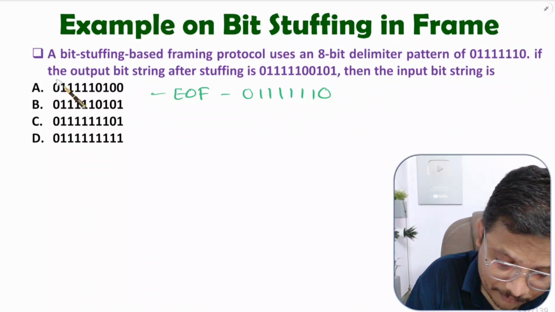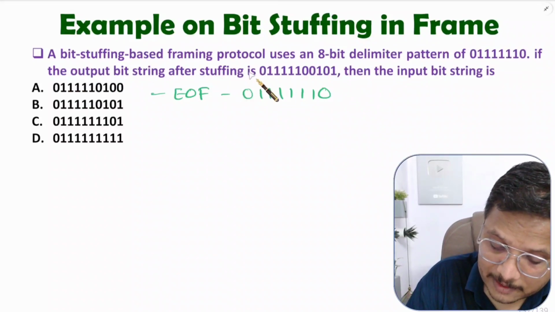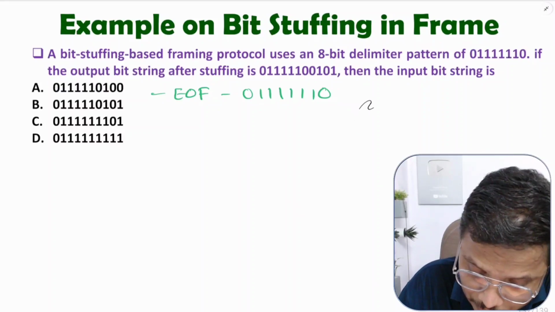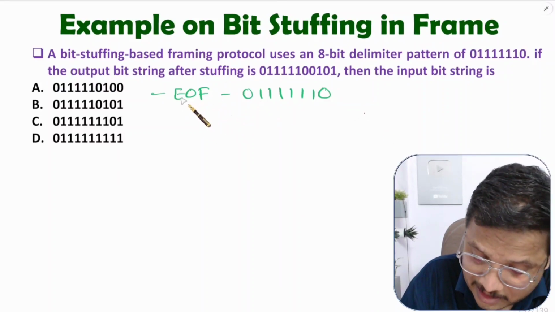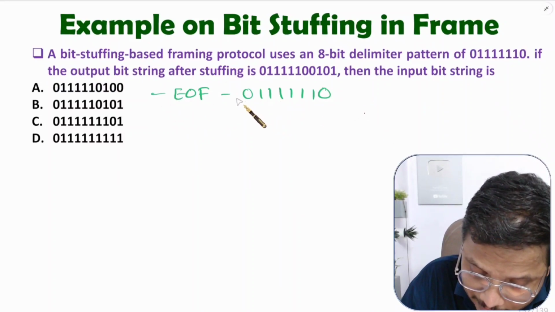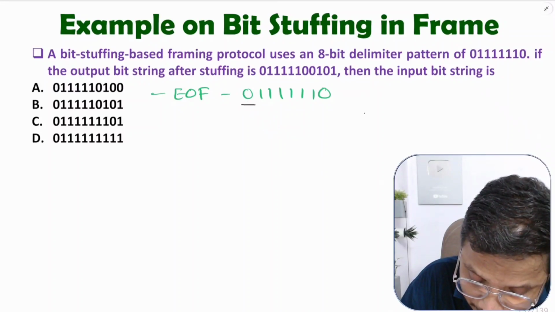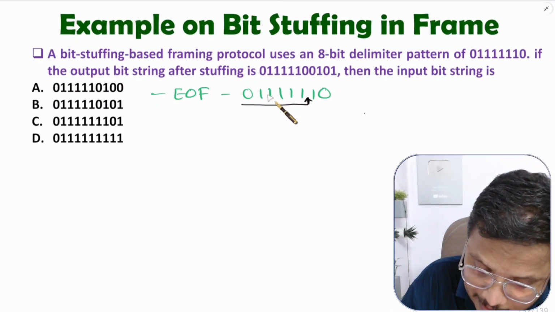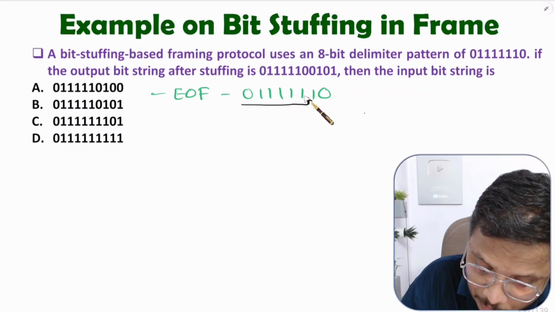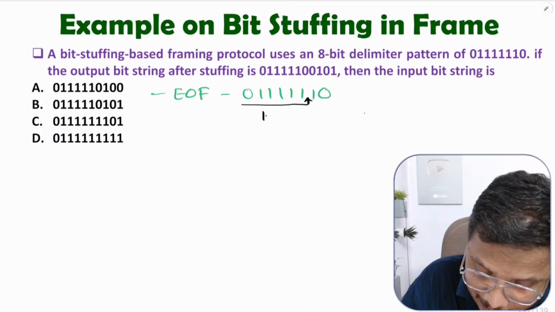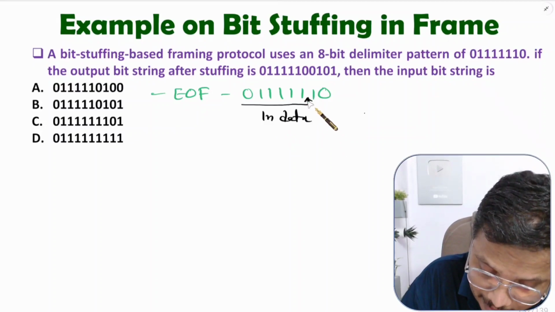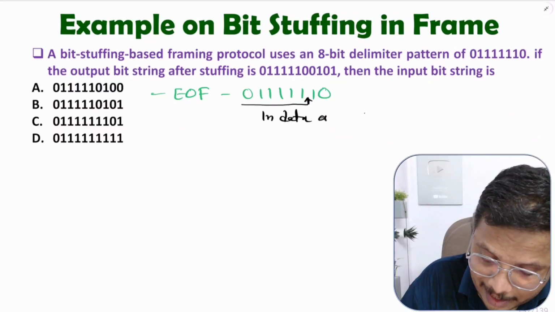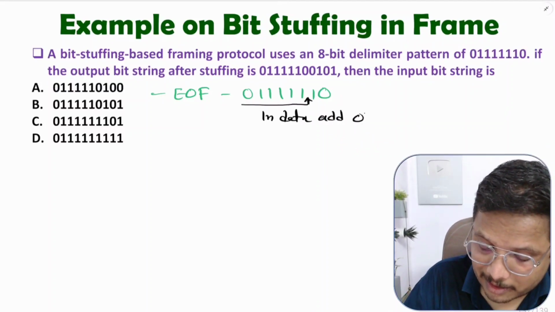If the output bit string after stuffing is this, then the input string will be, so you should know first of all, whenever the transmitter is sending data, it will observe this pattern carefully. And at this location, you see, continuous ones are there. So after the 5th location in the data, it will add 0 at this location, right?